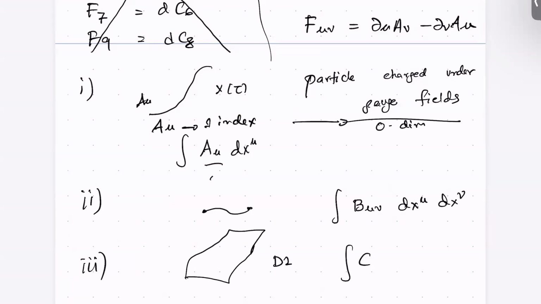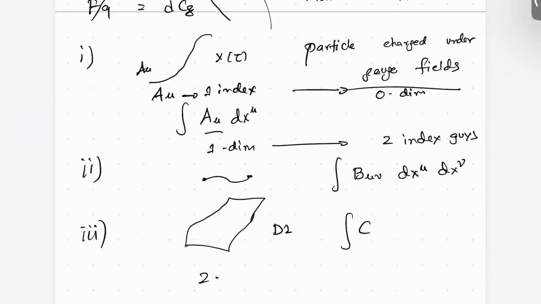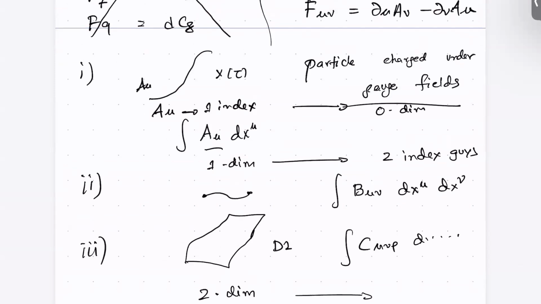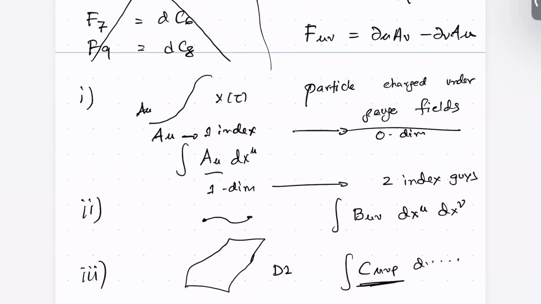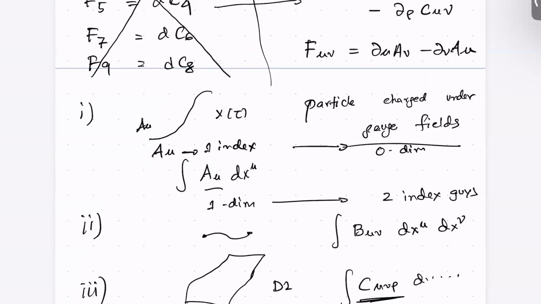Here you have a one-dimensional object coupling to two-index objects. A two-dimensional object couples to three-index objects. So branes can couple to these extra-indexed gauge fields, and it can be charged under it in the same way a particle is charged under electric fields or magnetic fields, of course, because there's electric and magnetic duality.